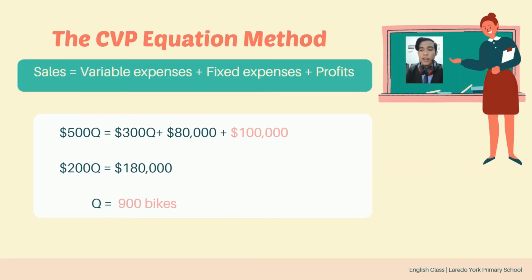So, a look at the CVP equation method. Instead of setting profit to 0 like we do in break-even analysis, we set the profit level to $100,000. Solving for Q, we see that the company will have to sell 900 bikes to achieve the desired profit level.